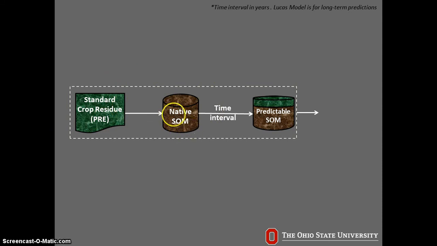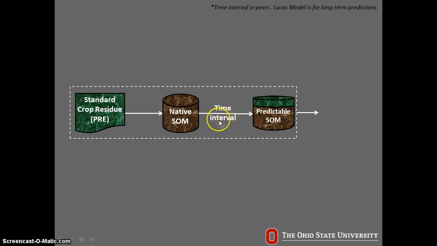Now this total pool is made of the active fraction, which more relates to fresh organic matter, fresh residue which decomposes faster, and then the passive fraction, which is a slightly slower decomposing fraction.